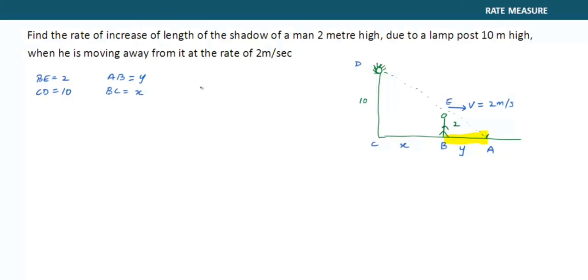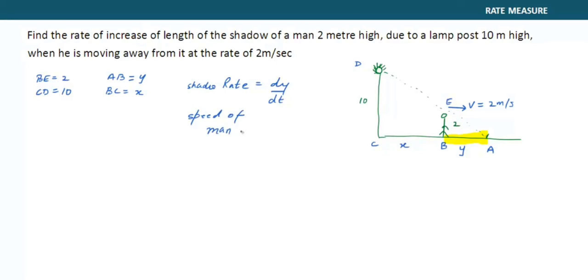Speed is nothing but distance traveled per time. So the shadow rate will be nothing but dy by dt, because the y component gives you the shadow. The rate at which y changes will give you the rate at which the shadow changes. And what will be the speed of the man?